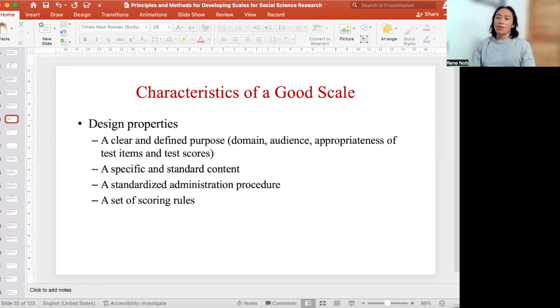development of our scale. Second, the content has to be specific and standardized, meaning to say that you cannot simply include anything that you want in your scale. You have to have some kind of standards, some kind of planning to begin with. Now, what kind of items do we include?